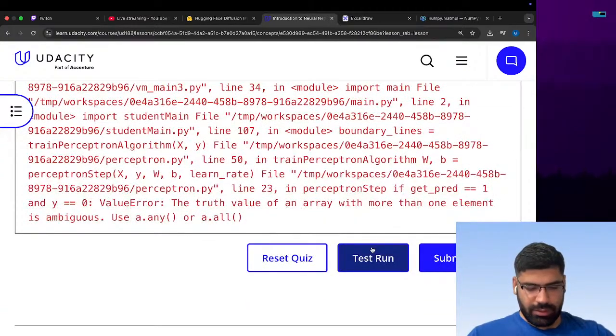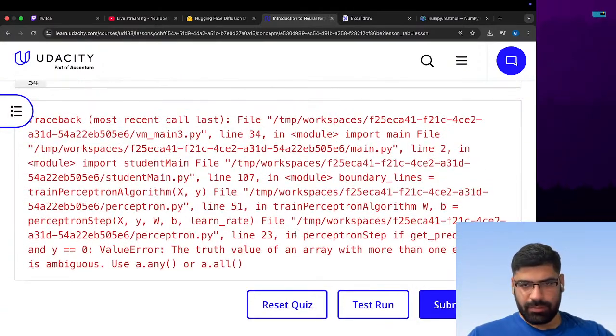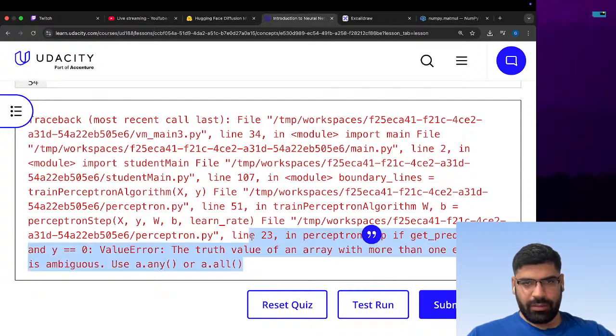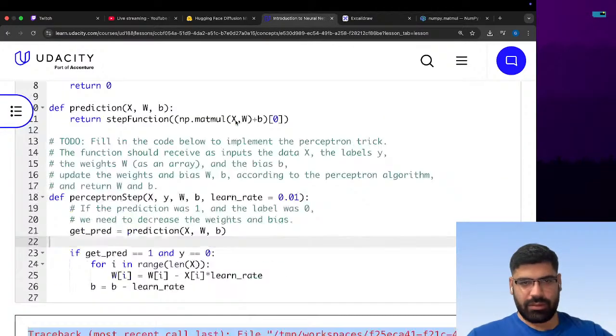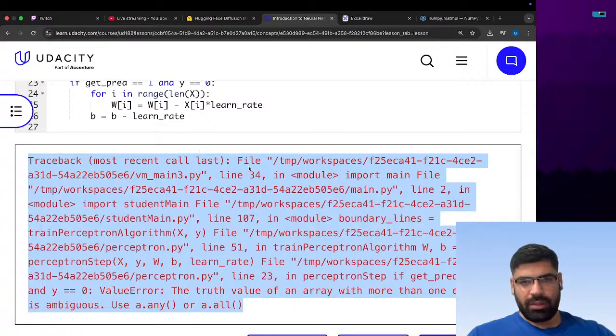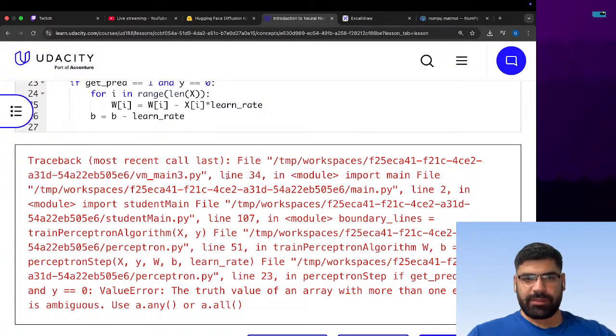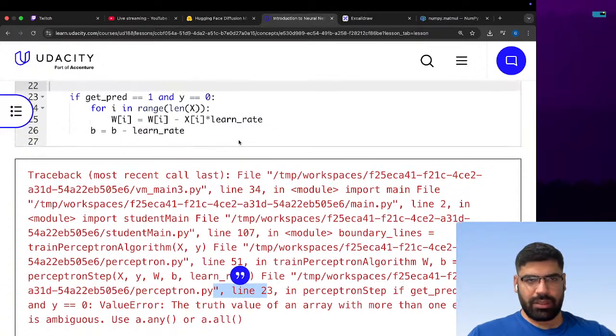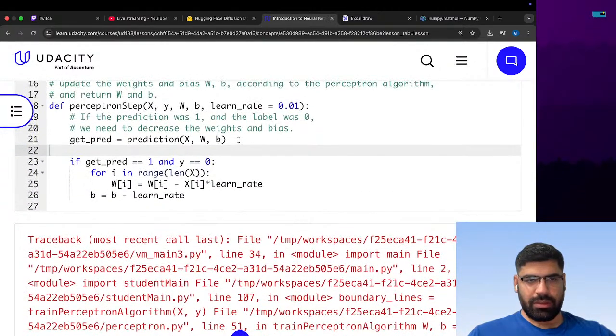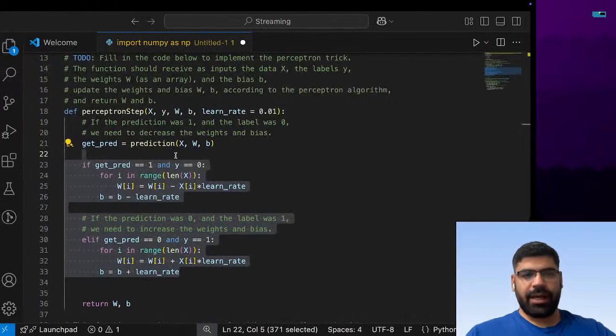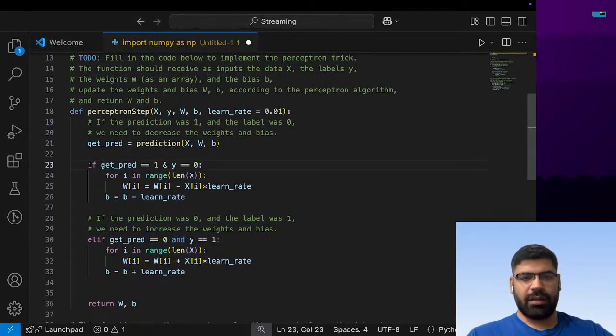Run test. Do you guys see any issue? Okay, hard to understand with this. File workspace, line 34 in the import file. File line 23. Oh, not 'and'. Wait, 'and' works in Python.